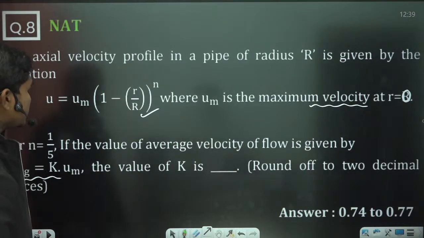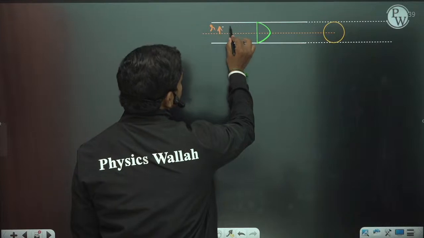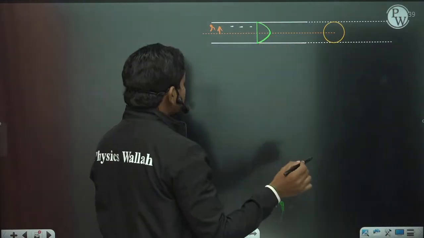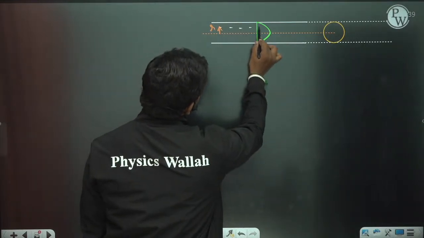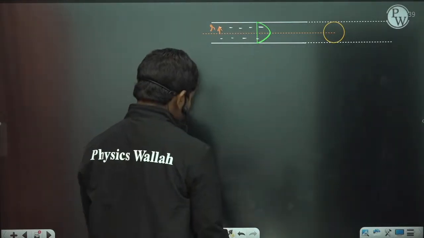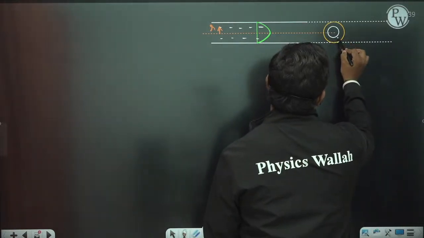But now in this case, if you want to take a small section at some small radius r, it comes out to be a small area.